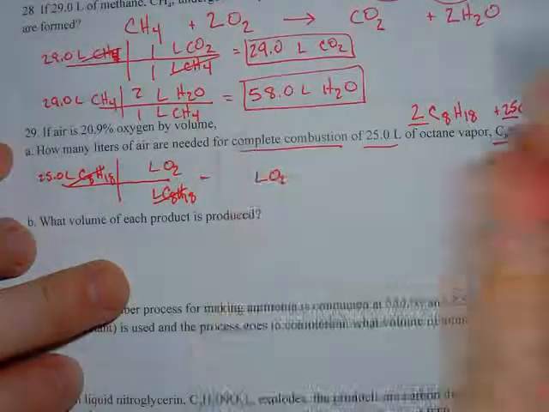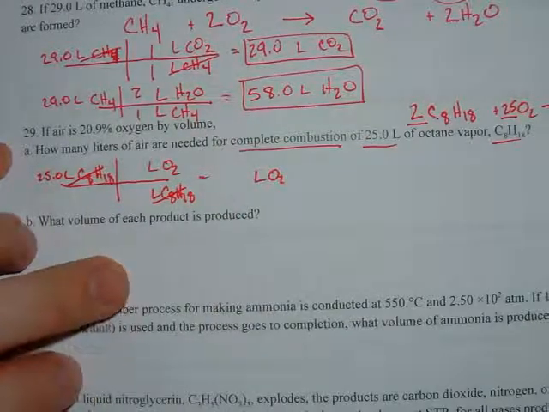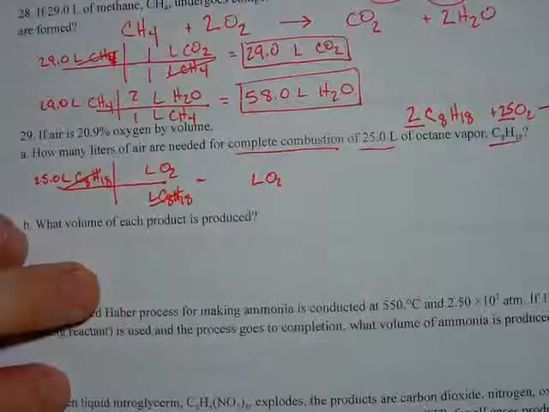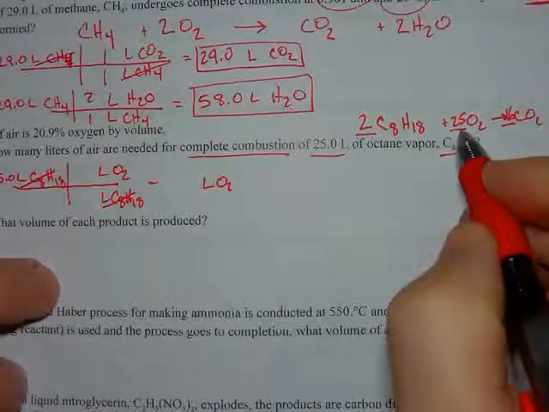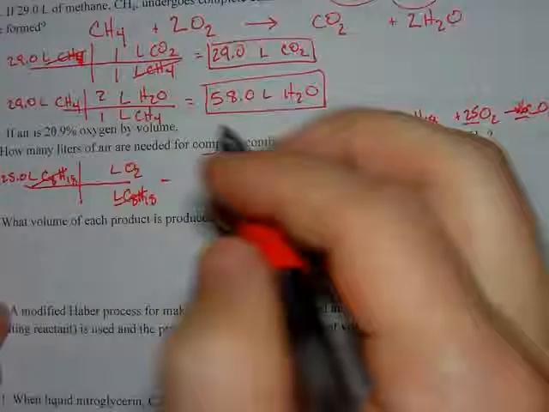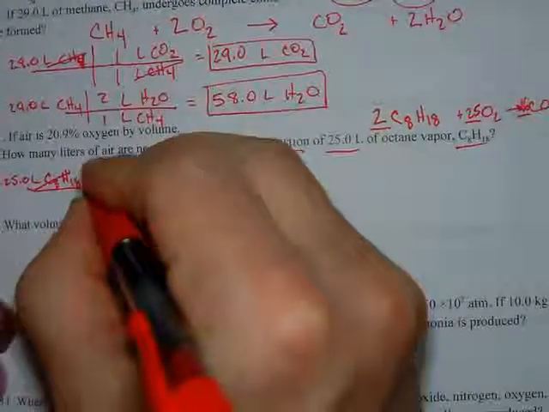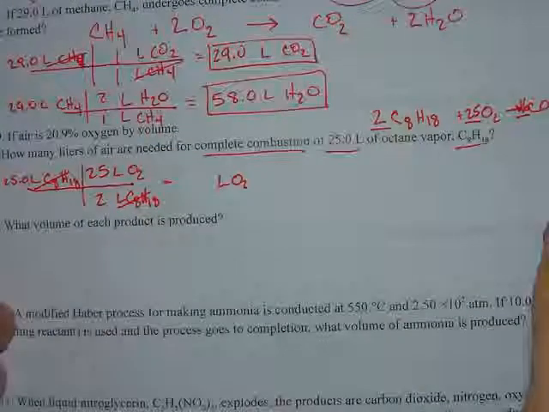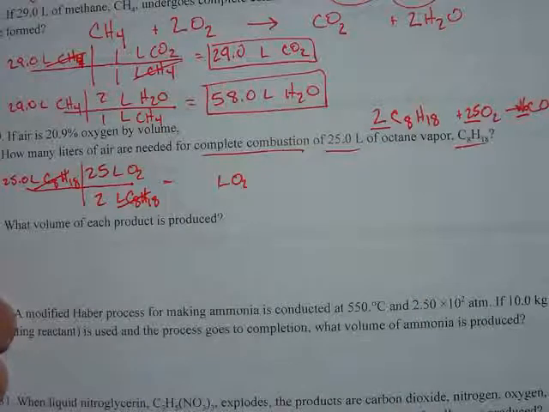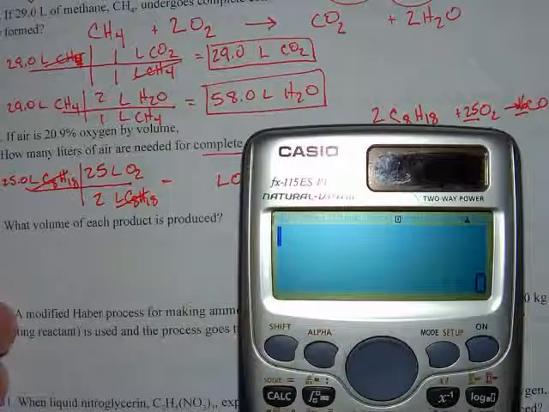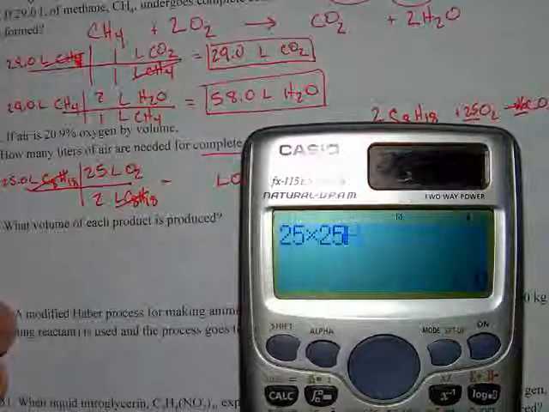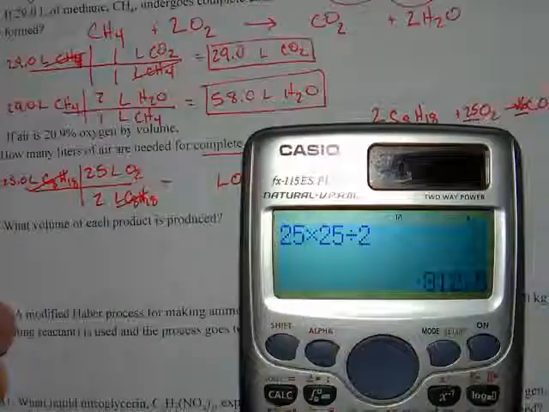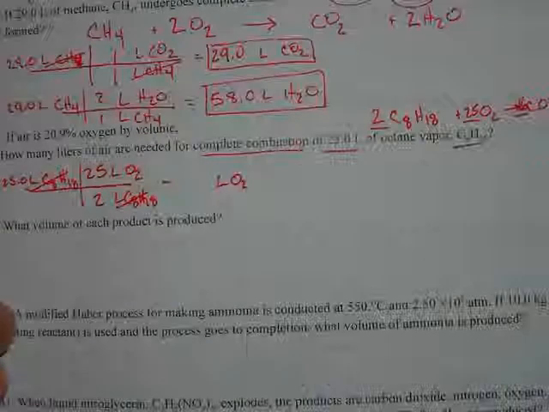Okay, and from our balanced chemical equation, the ratio of octane to oxygen is 2 to 25. During 12.5.